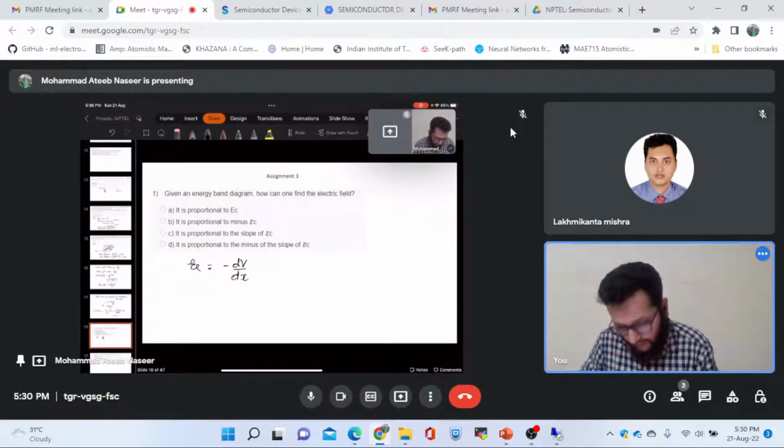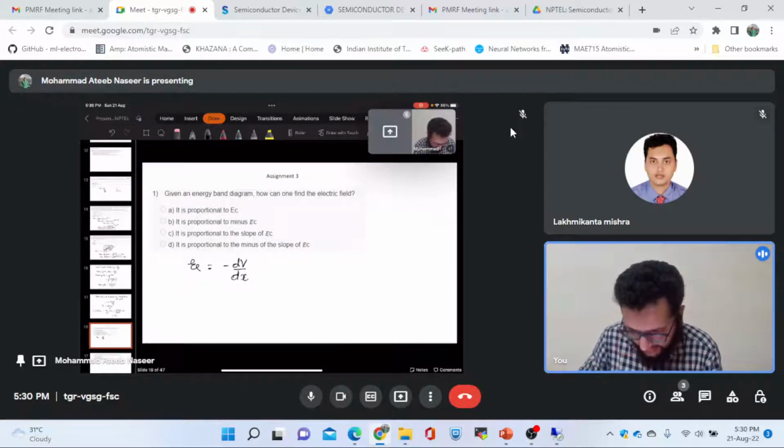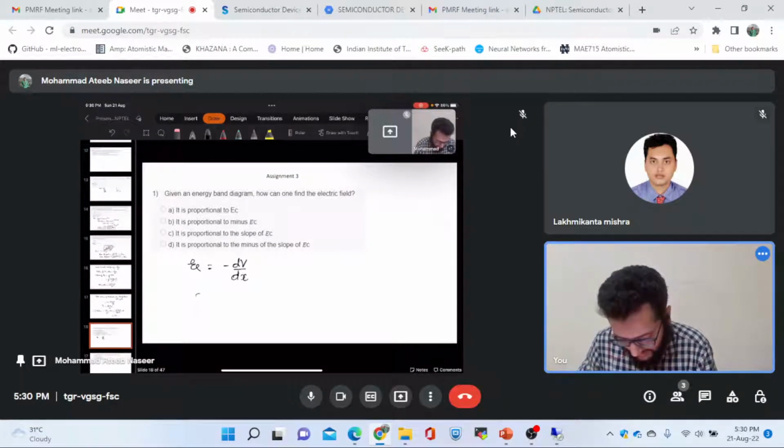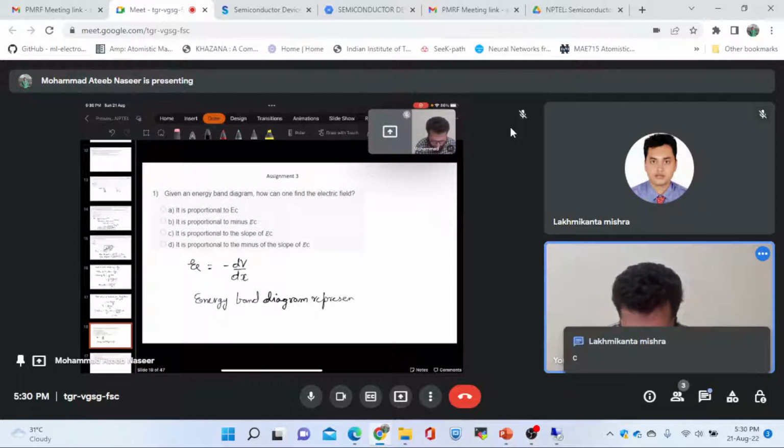Simple. So we know that this energy band diagram represents, proportion, yes, absolutely.